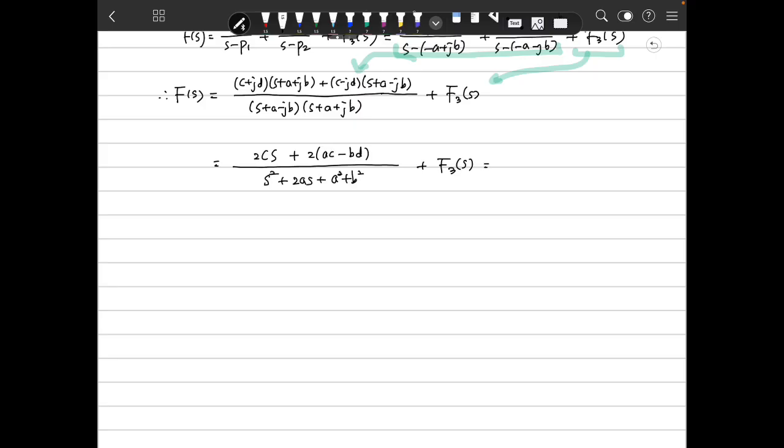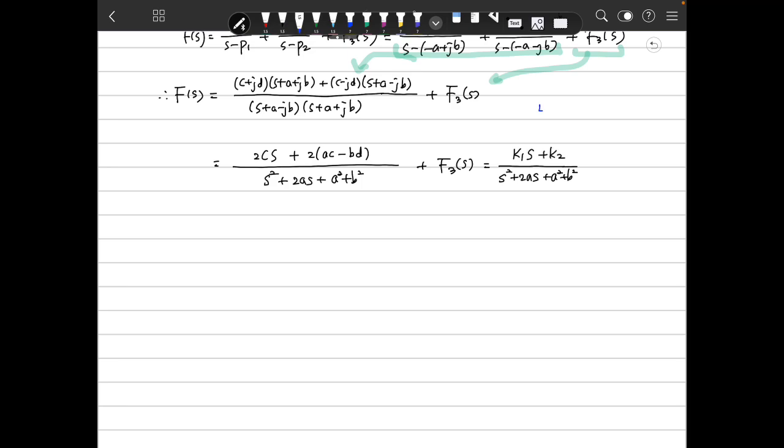So you can rewrite this as S squared plus 2AS plus A squared plus B squared, and K1S plus K2.